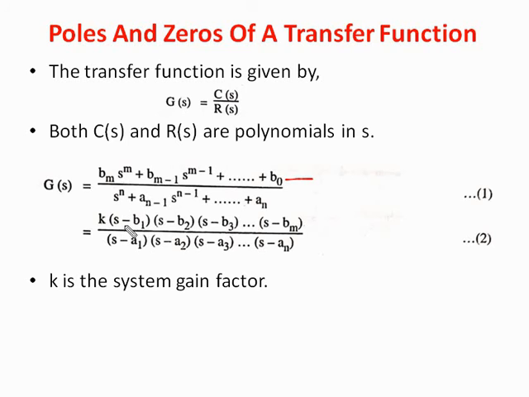If b1, b2 and b3 are the zeros of the transfer function, and we put s equal to b1, the numerator becomes 0, so the overall transfer function G(s) becomes 0. That's why these roots b1, b2 and b3 are known as the zeros of the transfer function.